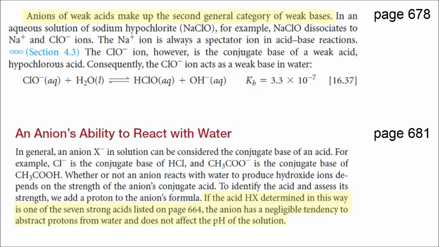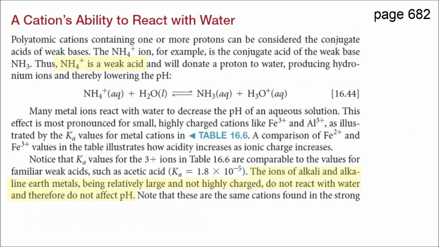On page 681, it mentions that if the anion X- comes from a strong acid, then it's going to be neutral, so it does not affect the pH of the solution. On page 682, it mentions that certain cations like ammonium, which is the conjugate acid of a weak base, are acidic. It mentions that alkali and alkaline earth metals are neutral and do not affect the pH.